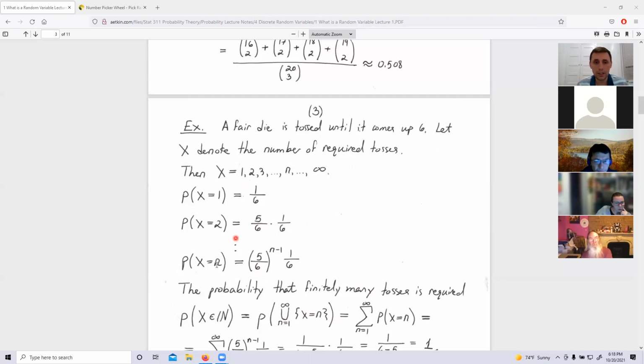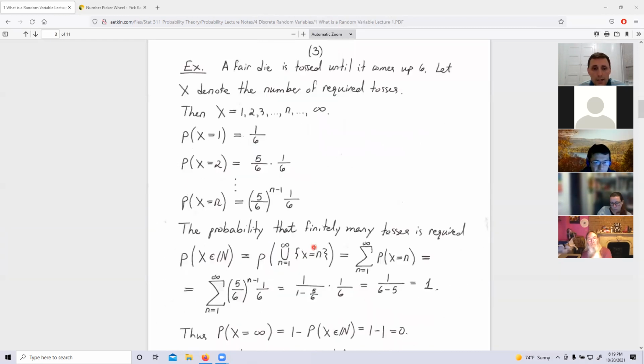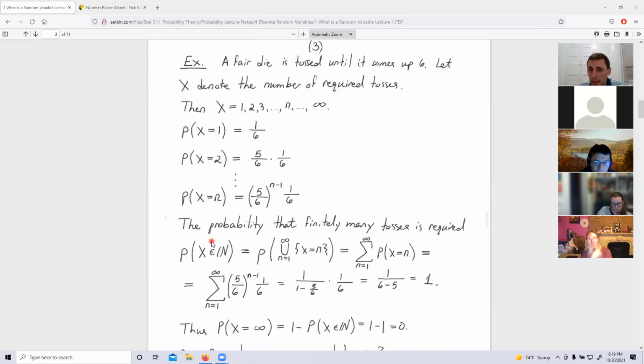So we have, in general, the probability that the first success is on the nth throw means I have n-1 failures, and they're the same. So it's multiplying 5/6 to the n-1 power. You can also do it as a full sample space. And multiplying it by 1/6. And so the probability that finitely many throws are necessary is the probability that X is a natural number. It's either 1 or 2 or 3 or 4 onwards, so it's the summation of this infinite series.